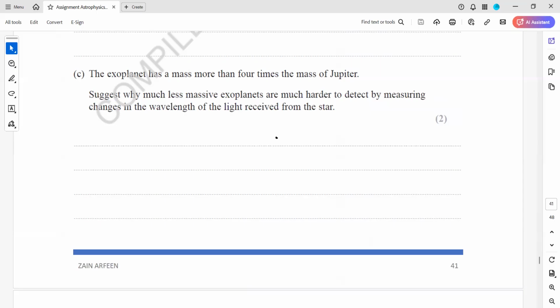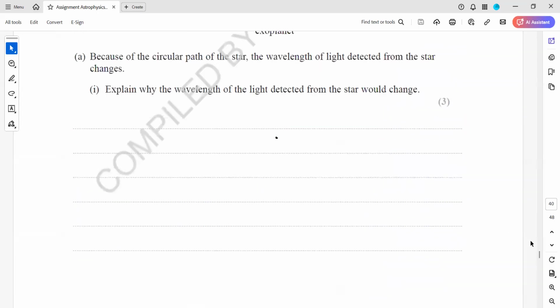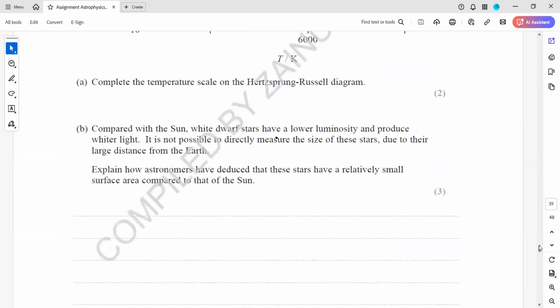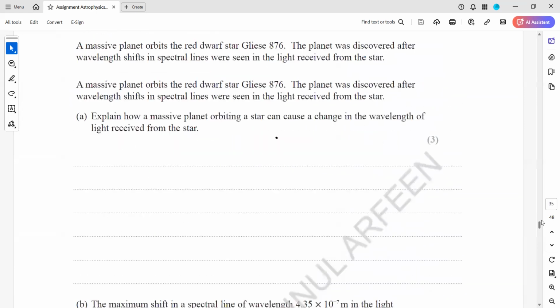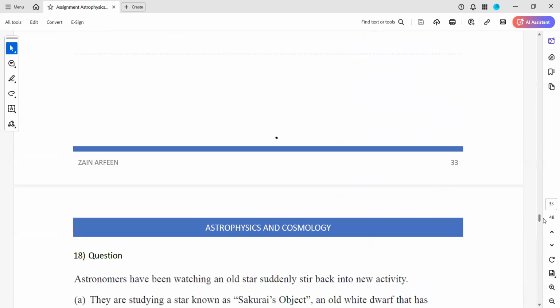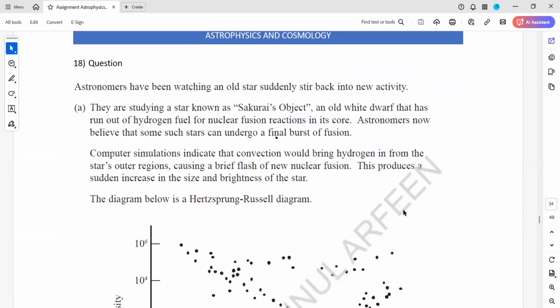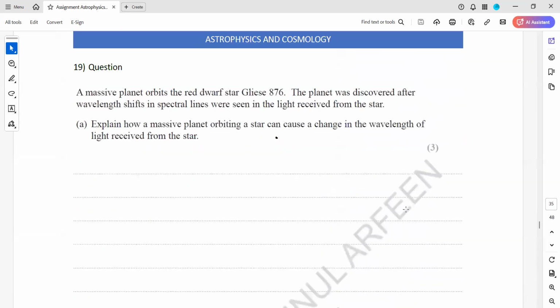If you compare this question with the one we just discussed previously, this is actually the same question. The massive planet orbits the red dwarf star.